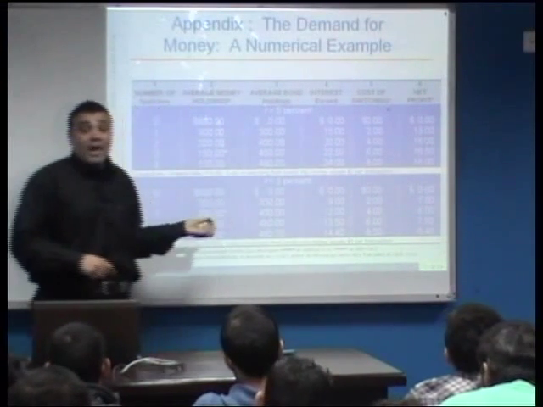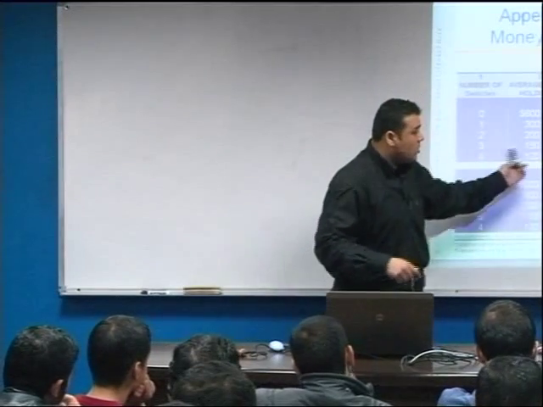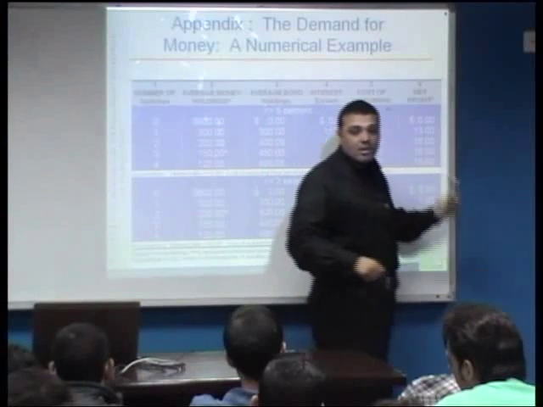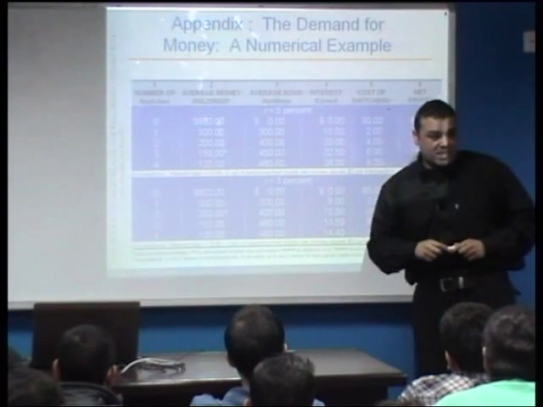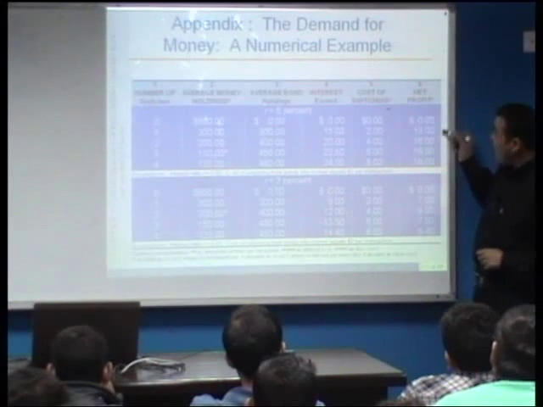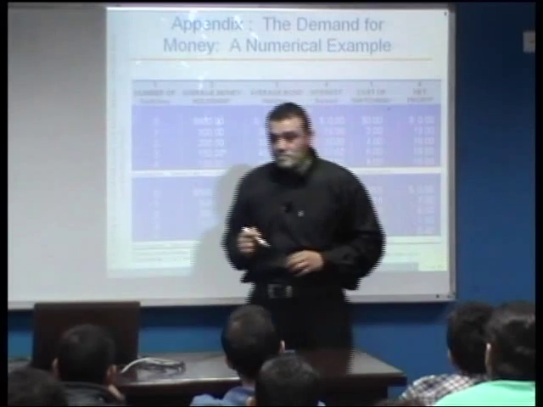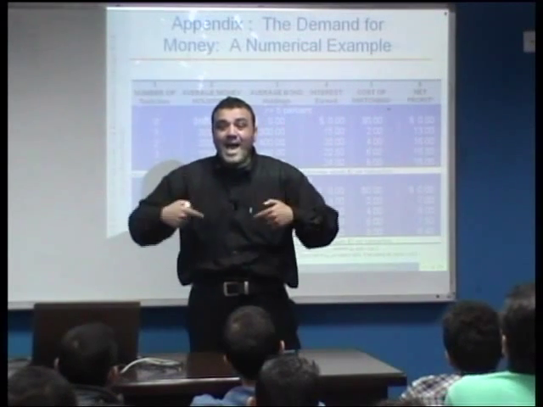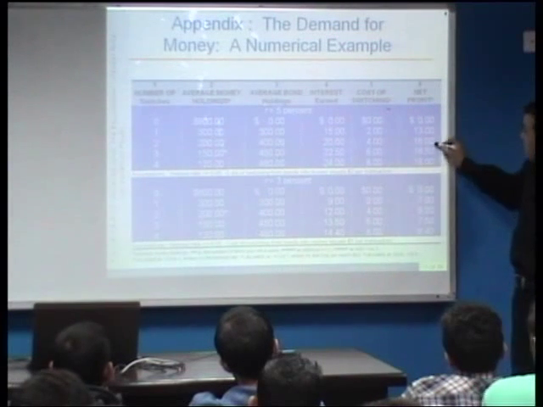Now suppose that the interest rate... so where is the optimal balance which maximizes the benefits of his income? The one that gives me the highest net profits is the optimal balance.